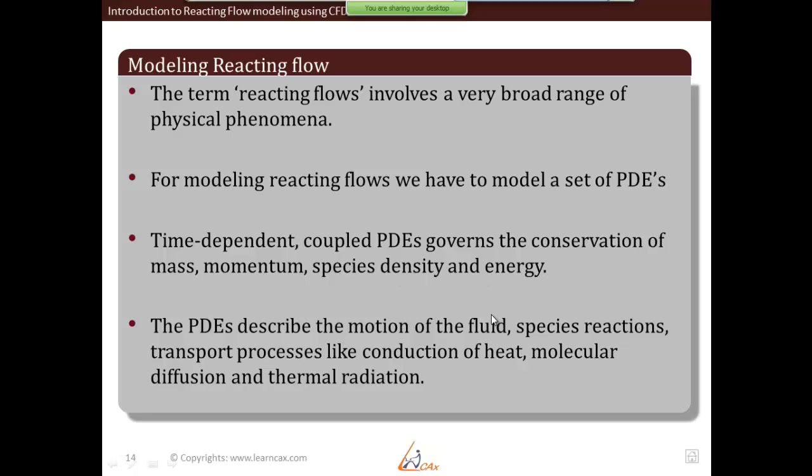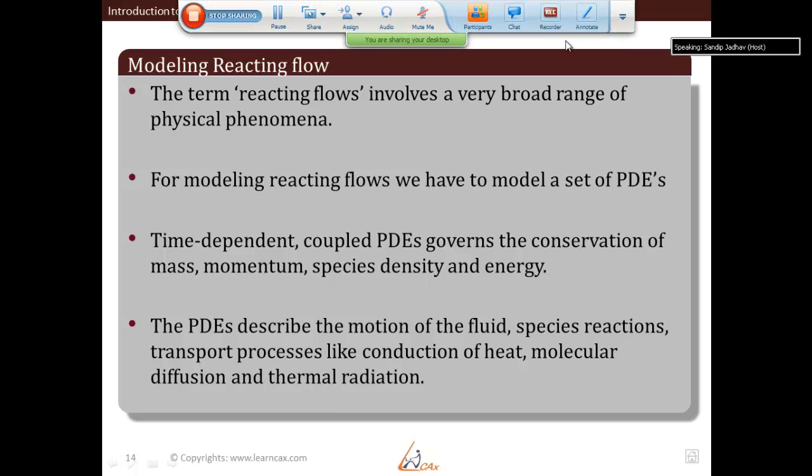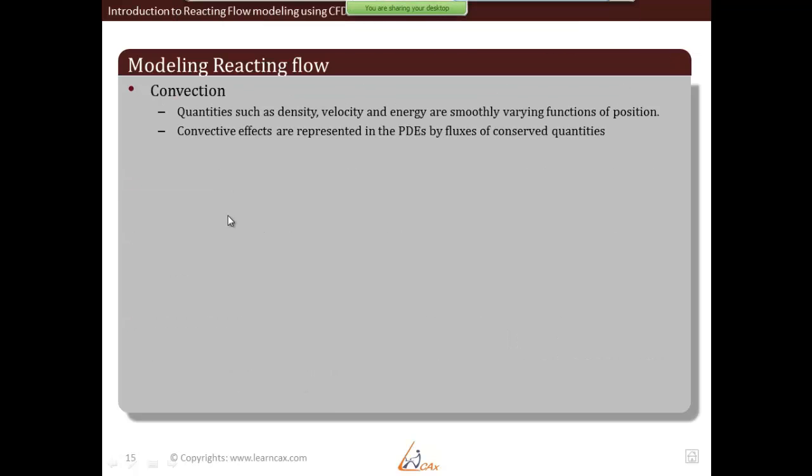The partial differential equations which we are going to model describe the motion of fluid. They also incorporate chemical reactions, mass transport, and other concepts like heat transfer, radiation, as well as molecular diffusion. If we couple all these phenomena together, we also have to cater for mass transfer because of fluid phenomena like convection.